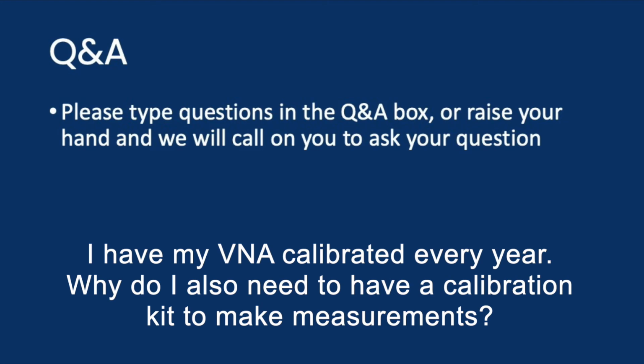And the reason you need a system error correction is because the instrument itself is fine and is well characterized up to the ports of the instrument. But the VNA doesn't know what's attached to those ports. Do you have a 3-foot cable, a 3-inch cable? Do you have other test fixtures and things like that in line?